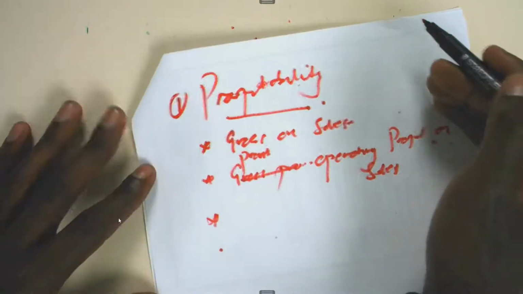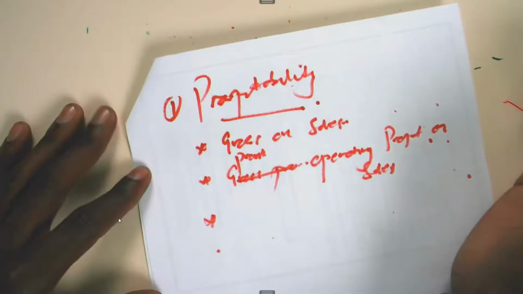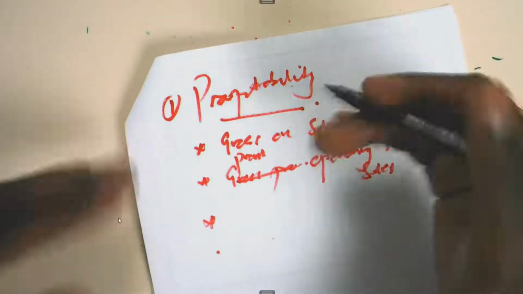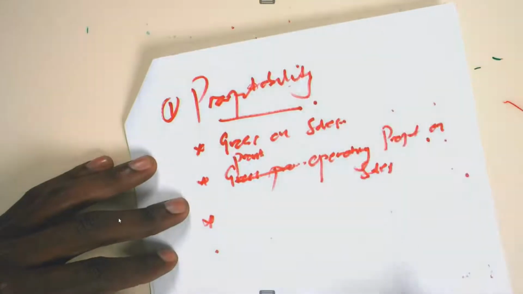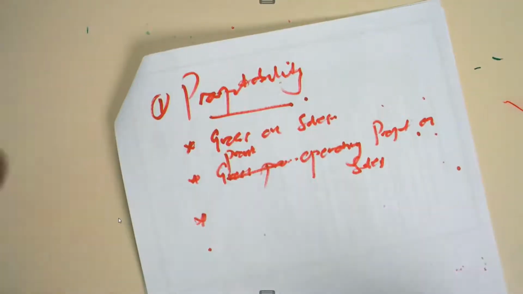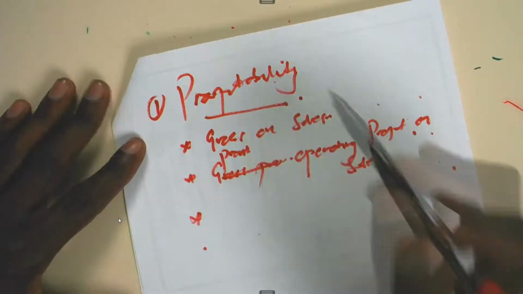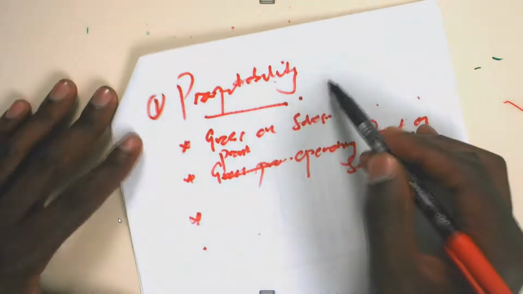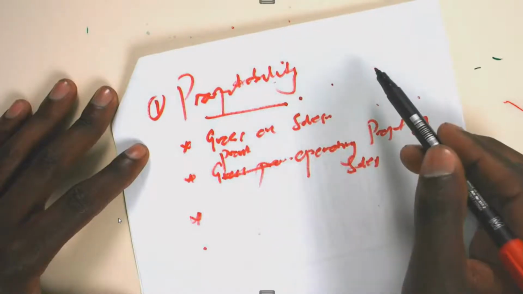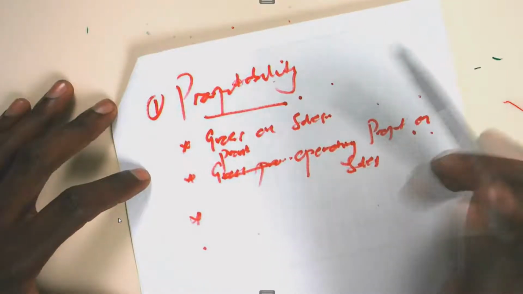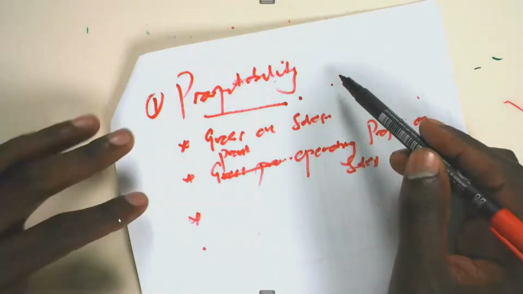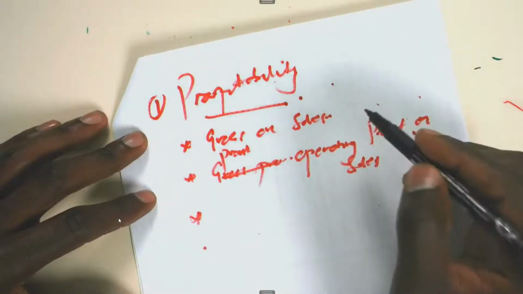It can also be operating expenses on sales, just to determine whether you are making a profit or not, or how well you control your operating expenses, your gross profit, and how well you maintain your markup percentage. So the profitability ratio determines how profitable the company can be now and also in the future. So profitability is one of the financial indicators that the users can use.